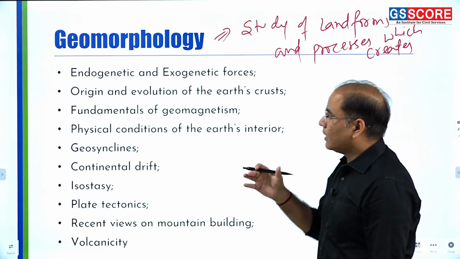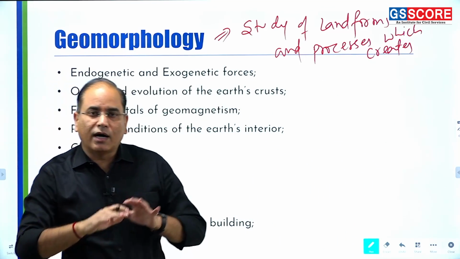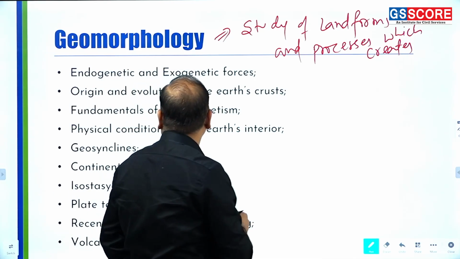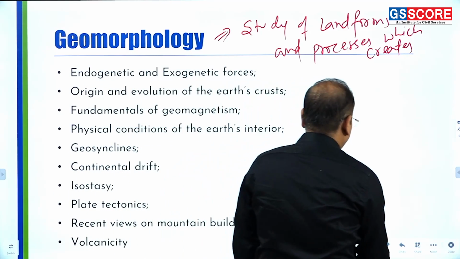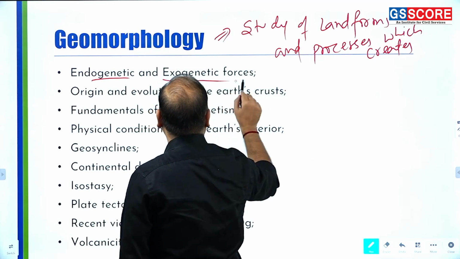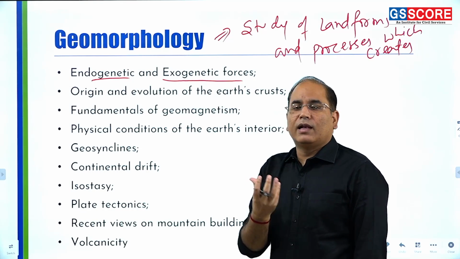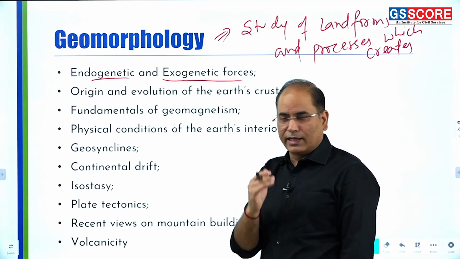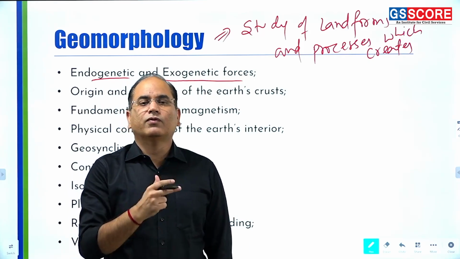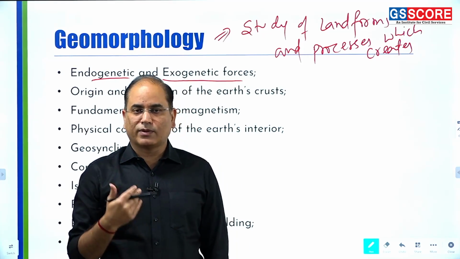So, geomorphology is primarily associated with the landforms, the outer part of the earth's surface, that is present and evolving. In this we are concerned with topics like endogenic and exogenic forces. Now, what are these endogenic and exogenic forces? All the landforms are developed through two forces. One of the forces comes from inside, the other force comes from outside.